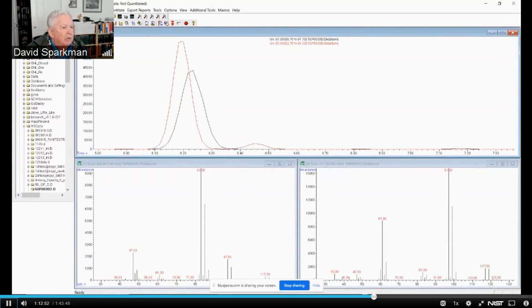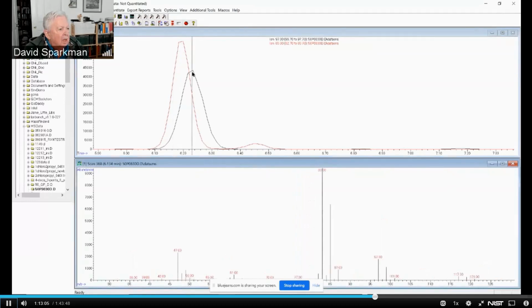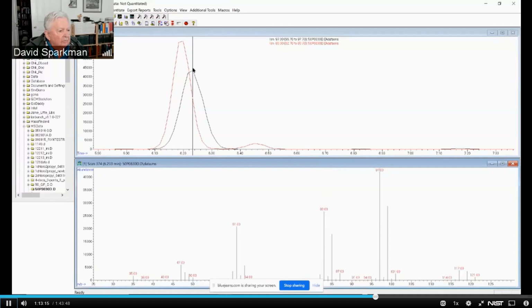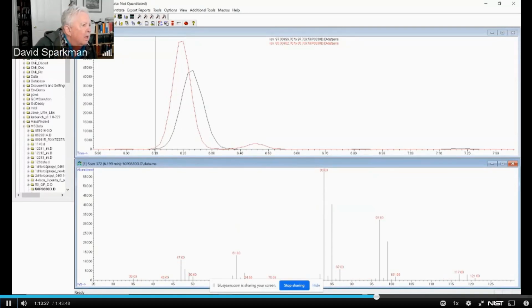So what I'm going to do is take the spectrum that is represented by m/z 97, and I'm going to subtract from it the spectrum for m/z 83.